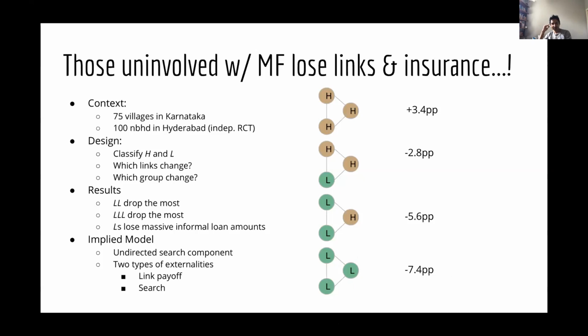This is inconsistent with most of these models, but what it implies is if you write out a game, you need a strong undirected search component. So there's two types of externalities in these models. One is payoff externalities, which is the usual thing, which most people spend a lot of time writing down. And that's cool. It's not to say you don't need it. But the thing that really matters is this undirected component, which generates, not to say that if Isaiah and I meet, the value of our mutual relationship has changed because he has credit and I don't.